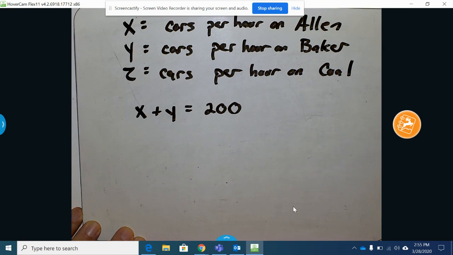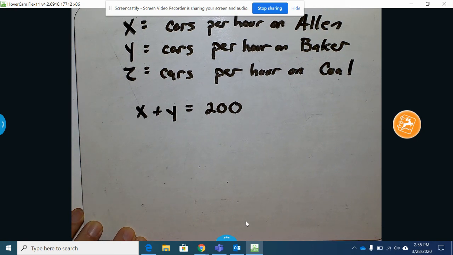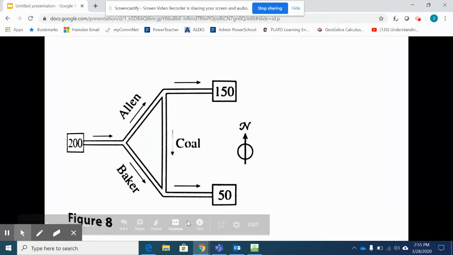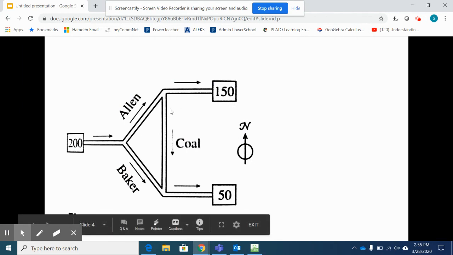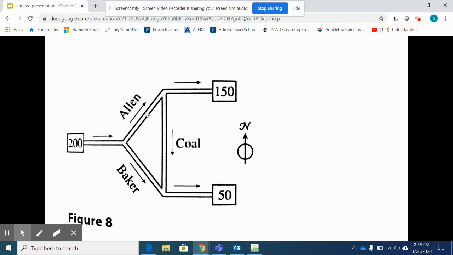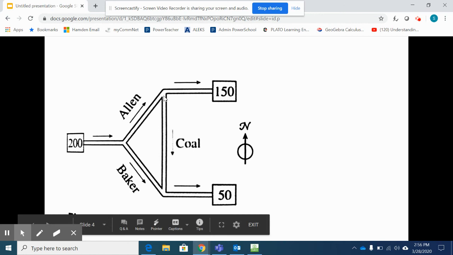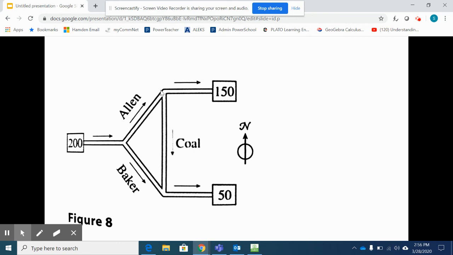Okay, if we go look at our next intersection, I'm going to look at this intersection up here. What we know is that we have cars going to Allen, and then from Allen, cars can either go to this 150 or down to Cole. So if we take the amount of cars that are in Allen and subtract the number of cars that go to Cole, we would be left with 150.